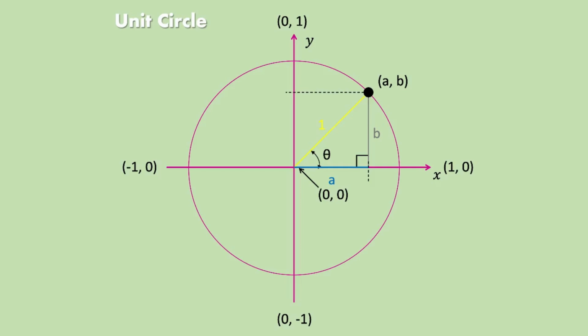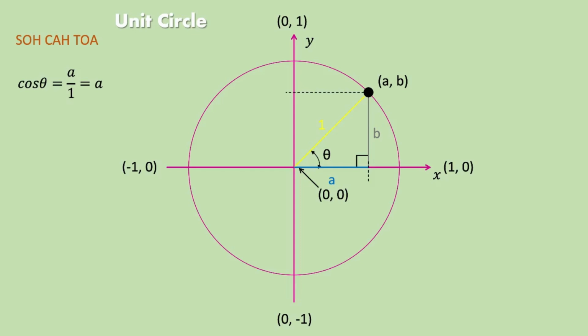Now, let's think about sine and cosine functions. Remember the SOHCAHTOA definition. So, what is the cosine theta equal to? Well, as we see, cosine theta is equal to the adjacent side divided by the hypotenuse. Therefore, cosine theta equals a divided by 1, or simply is equal to a.